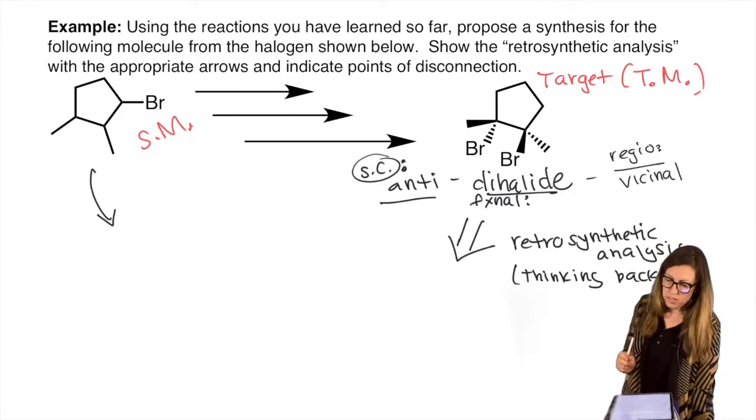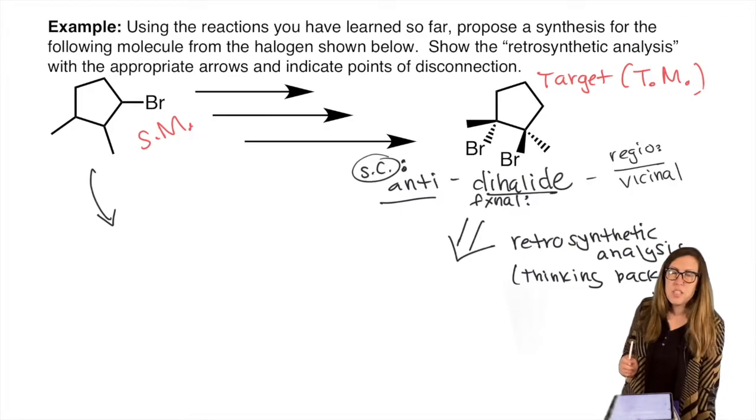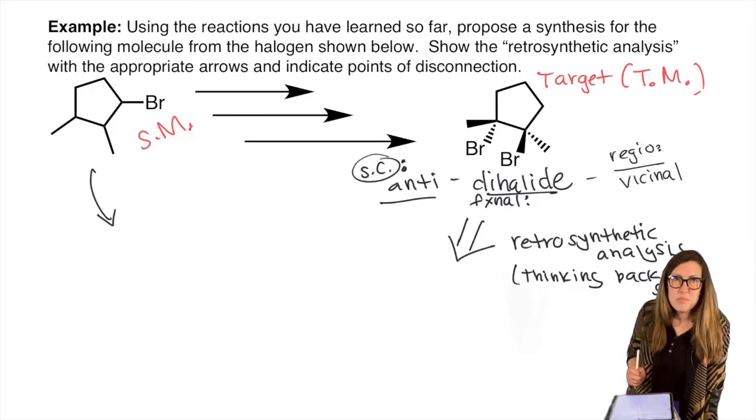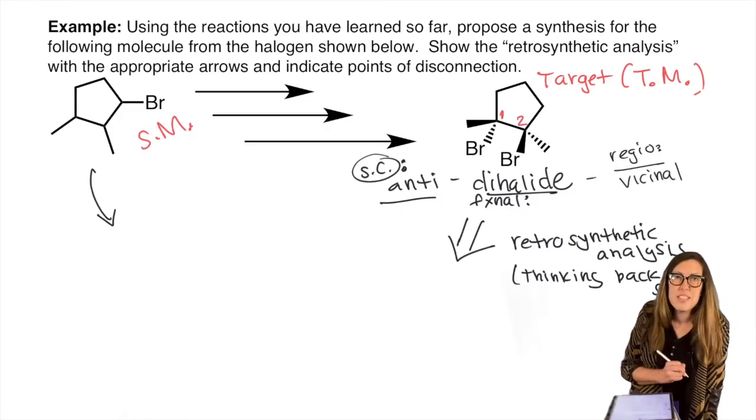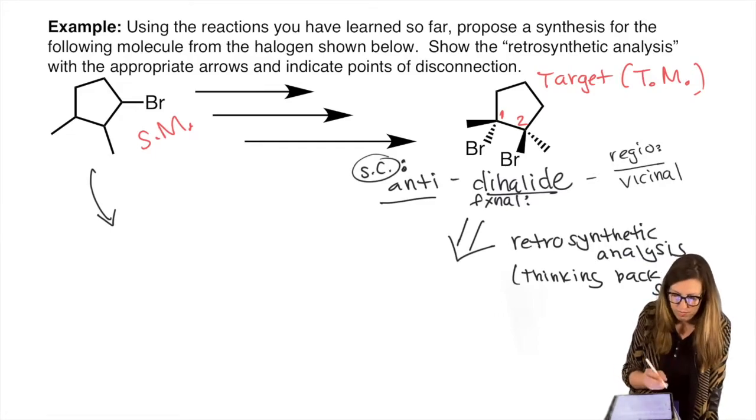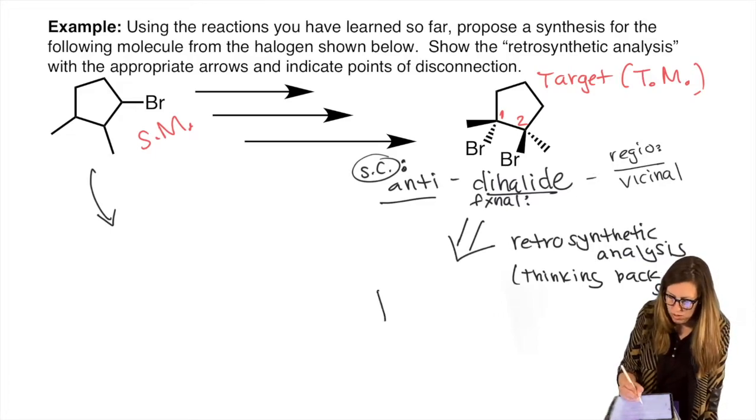What did we make a vicinal dihalide from that's anti? There's only one functional group possible. To have a 1,2 relationship between two halogens and have them anti, we had to have an alkene right there. See how thinking backwards actually simplifies it a lot? Because we wouldn't have known that going forward.